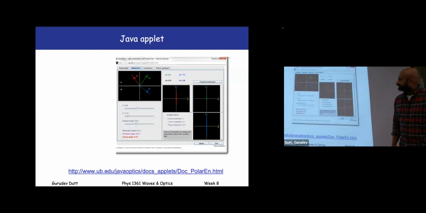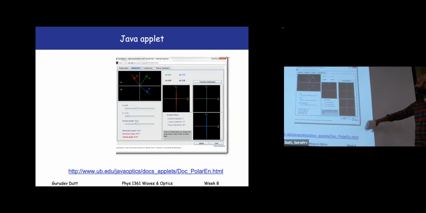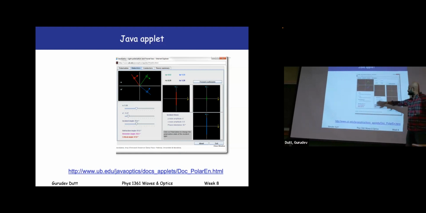Okay, so one of the nice things about having all of this is that there are ways in which you can understand this more intuitively by playing with the refractive indices, the incident angles, and so on.